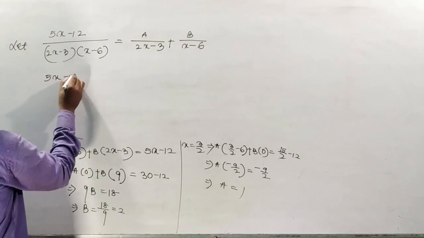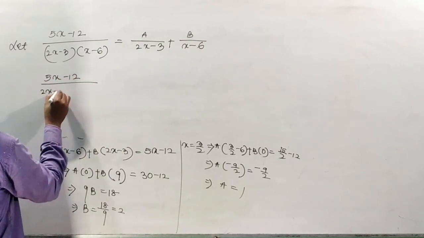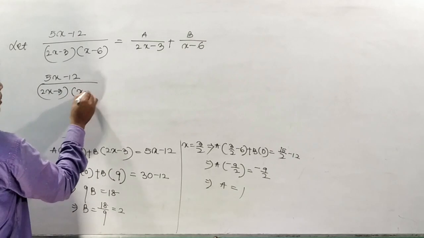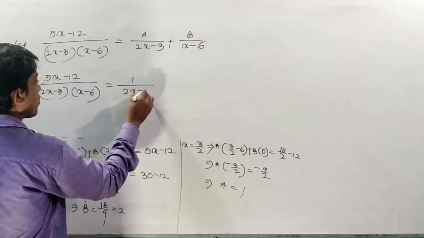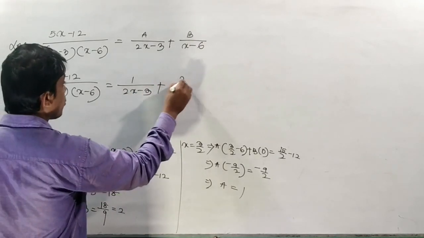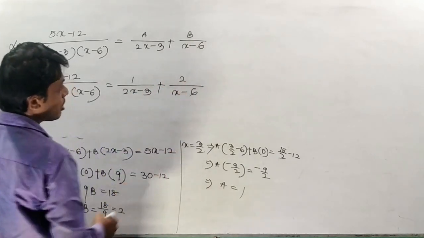And if we put the values of a and b, in this case we will get 5x minus 12 by 2x minus 3 into x minus 6, where a is your 1 by 2x minus 3 plus b is your 2 by x minus 6.